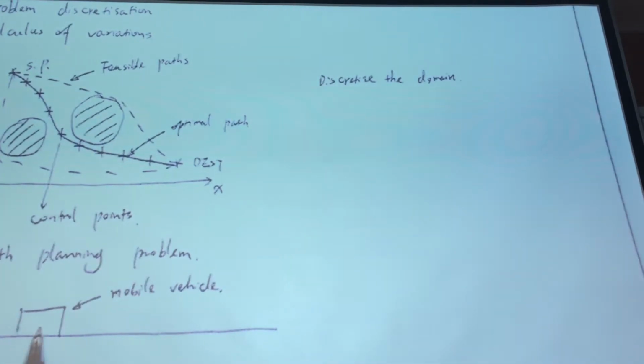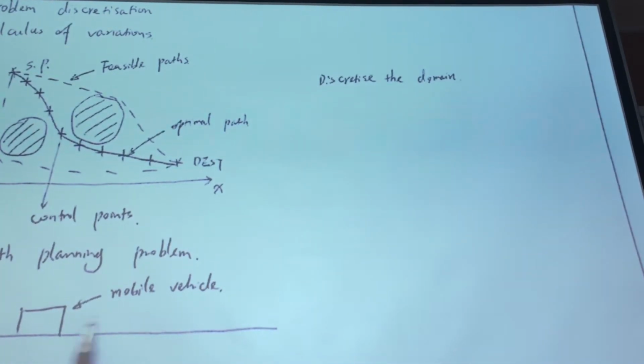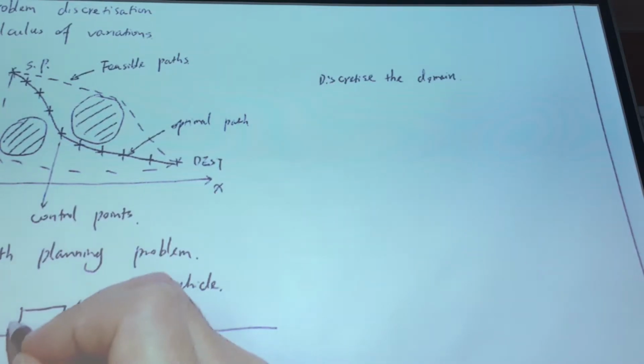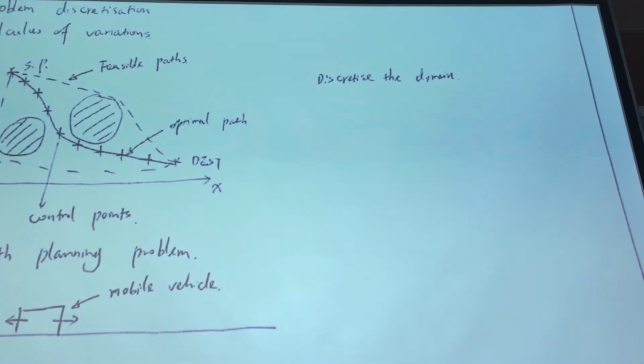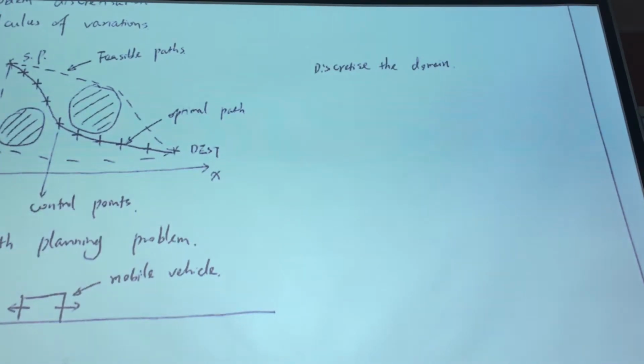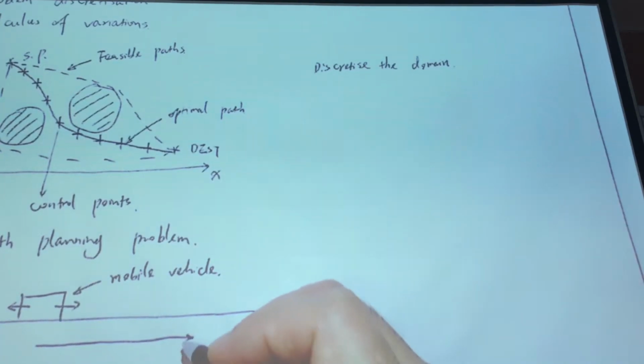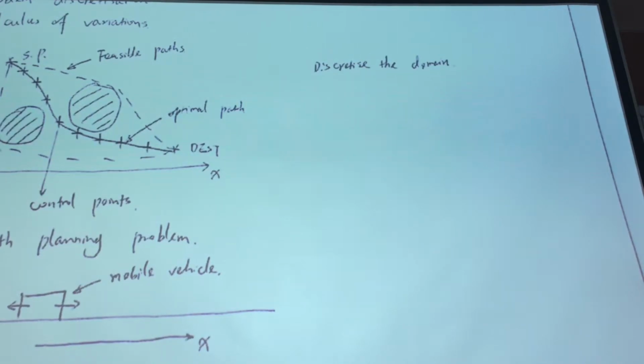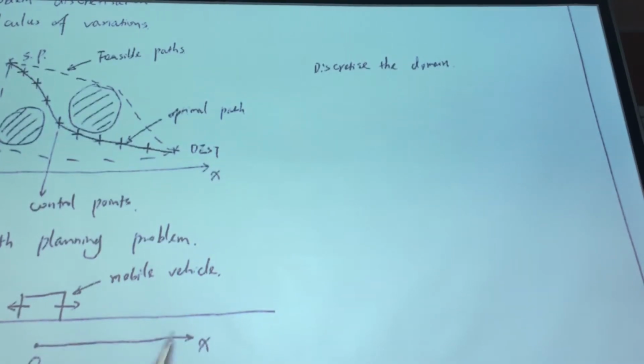The mobile vehicle will move in the one-dimensional space, so it's only moving either in this direction or in the other direction. We can easily define the coordinate system. Since it's 1D space, we only have one axis, for example the x-axis, and we also define a 0 point for the coordinate system.